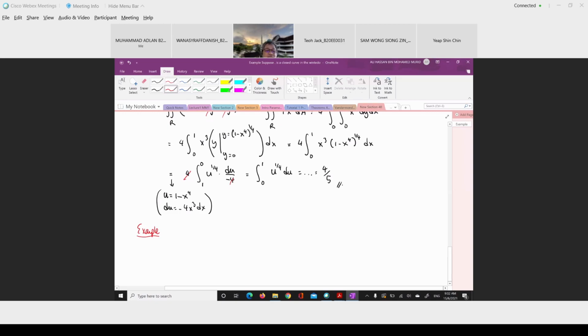Your final exam will certainly have some questions regarding Green's theorem. All right, so let's look at one more example.